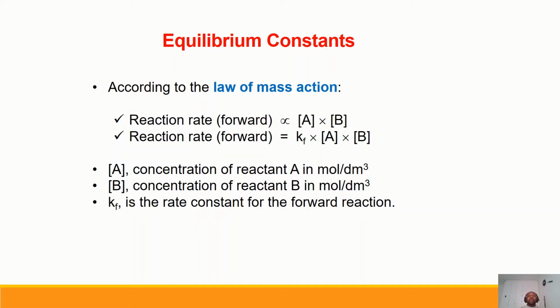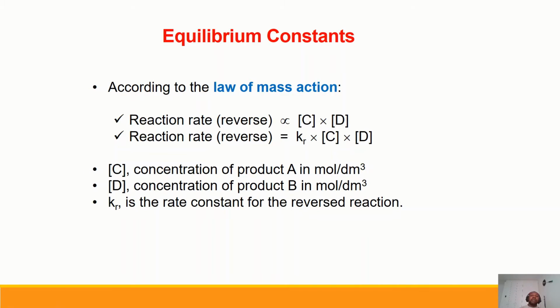So according to the law of mass action, the reaction rate, as in the forward rate, is the multiplication of the concentration of A and B, and then you have a constant being introduced. So you have the concentration of reactant A, the concentration of reactant B, and then this is going to be the rate constant for the forward reaction.